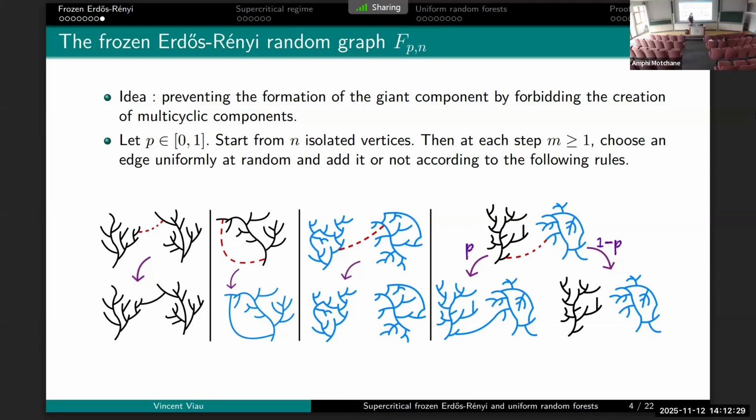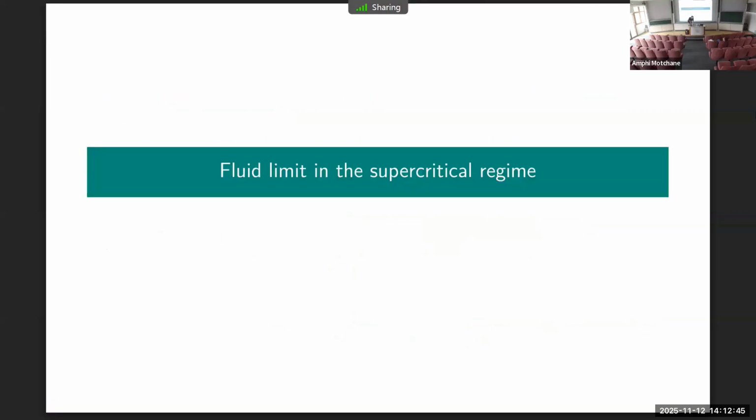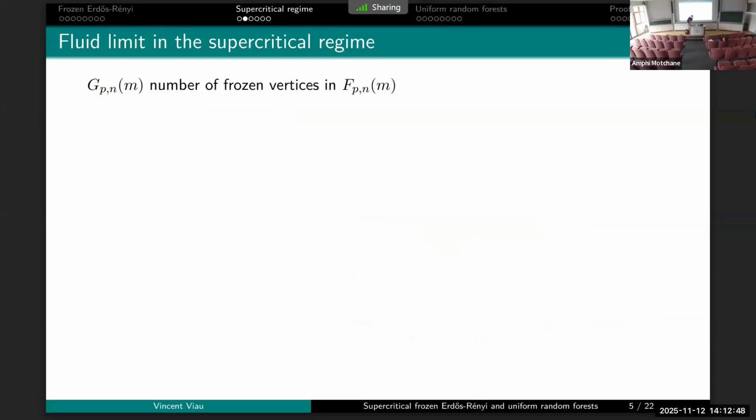This is the difference, but we are going to have a set of giant components. I'm not going to talk really about it today, but this is what we actually believe will happen. And so what we will study is the total number of frozen vertices, which will play the role of the largest component in the classical model.